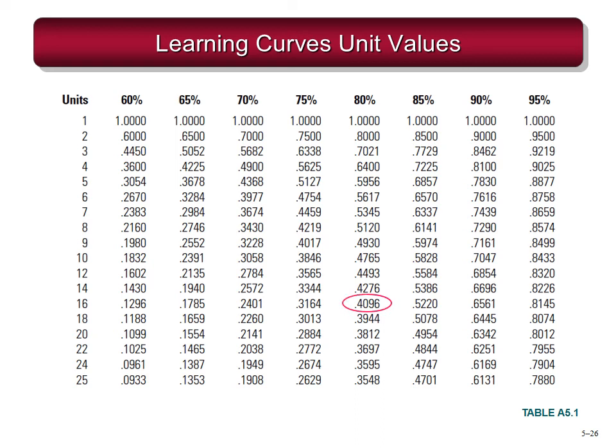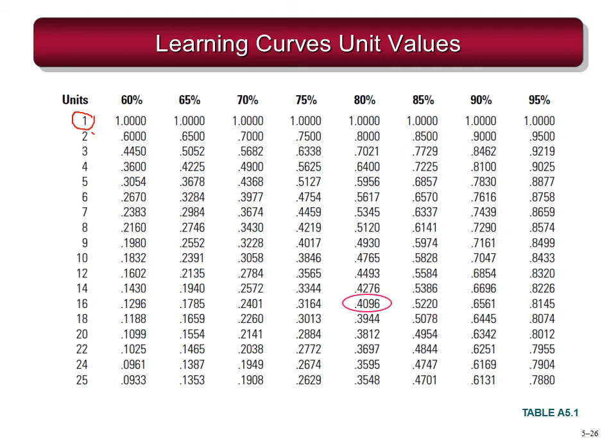Learning curve. We have talked about the learning curve. For the first unit, the time required was 1. After the first unit is produced, the productivity of the worker increases.